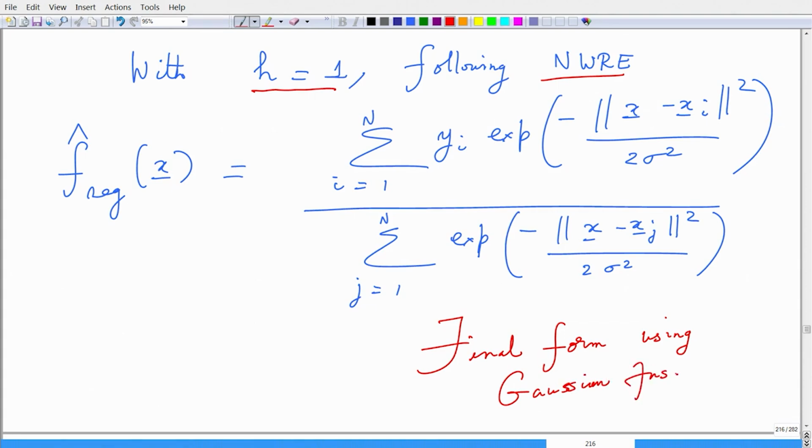So, all I need is this exponential of these terms, and then the observations y suffix i.